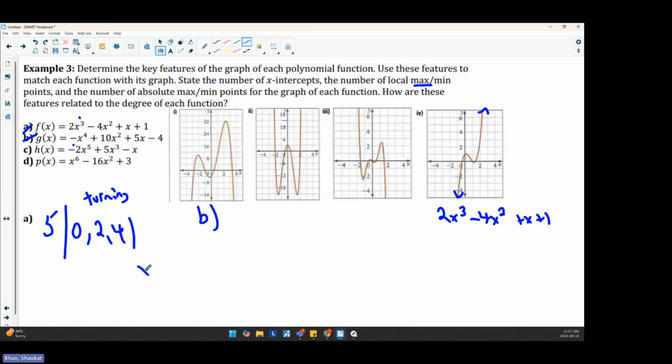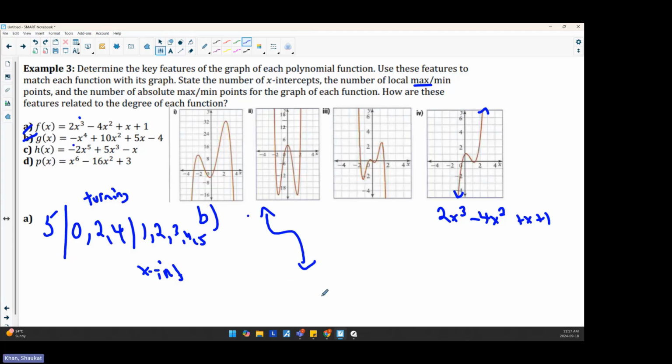And we know x-intercepts has to be at least 1, and up to the maximum value of the degree, so 5. And we know it's a negative leading coefficient, so our normal odd degree function goes like this. Since it's negative, it's going to be the opposite of that.